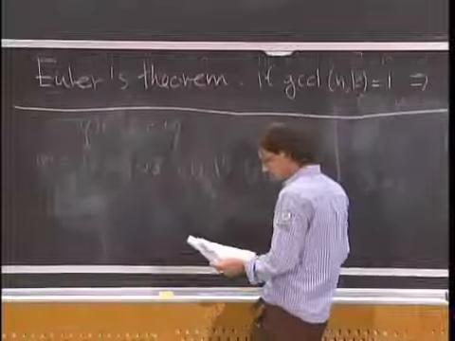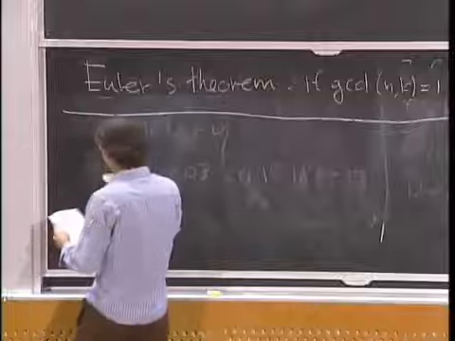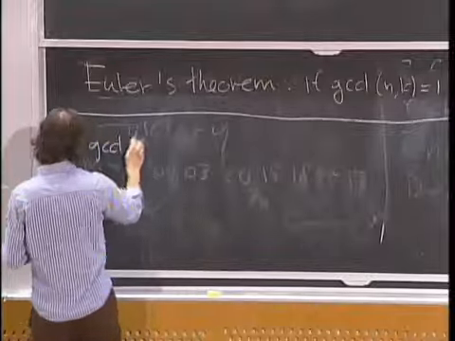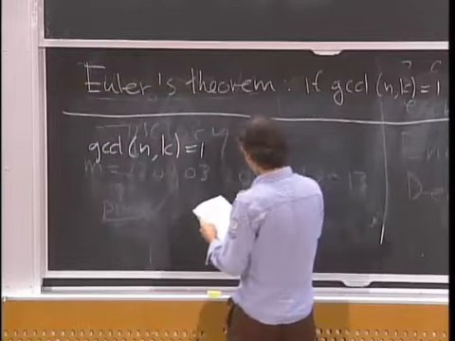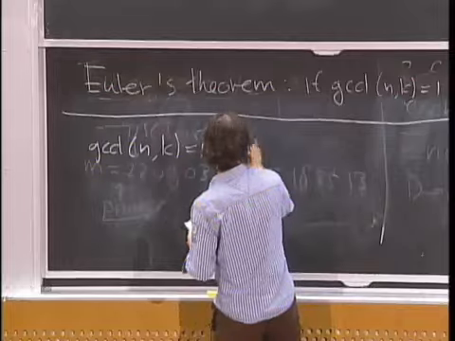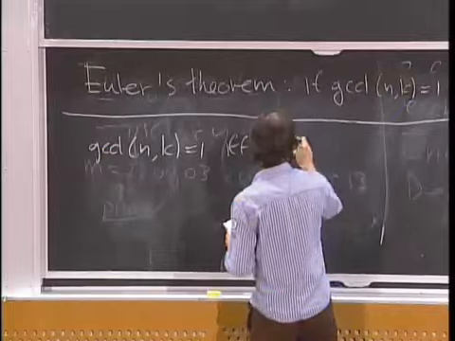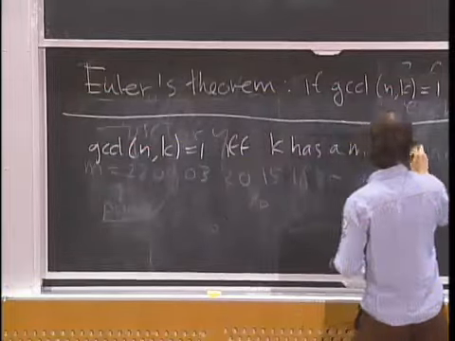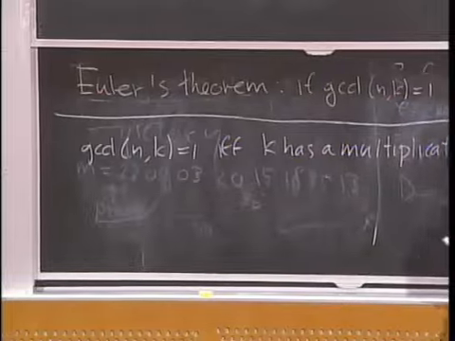Let me do that first, which is that we know that if the GCD of n and k equals 1, then this is if and only if the case if k has a multiplicative inverse. I've not yet explicitly stated this.